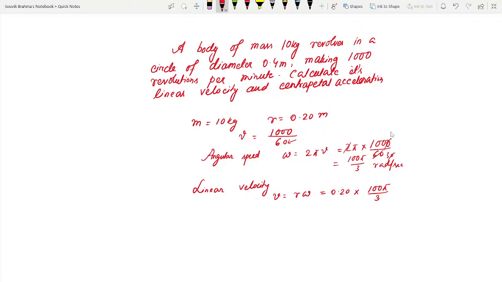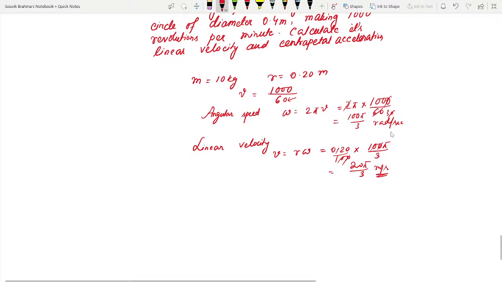We got it: it should be 20 pi by 3 meter per second. Now tell me what will be the centripetal acceleration.